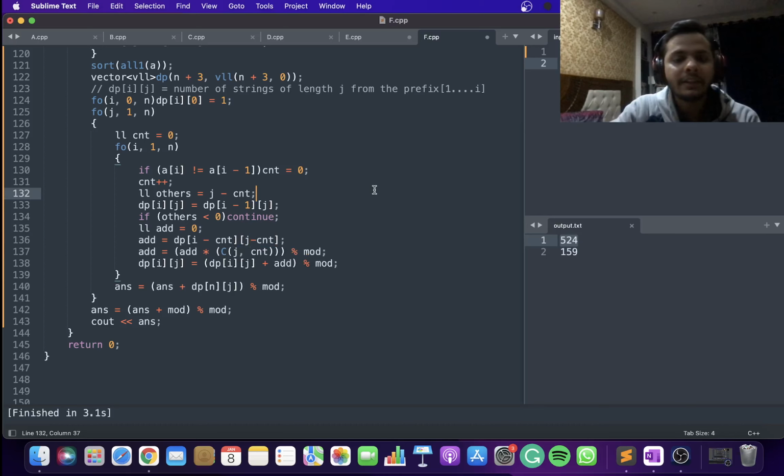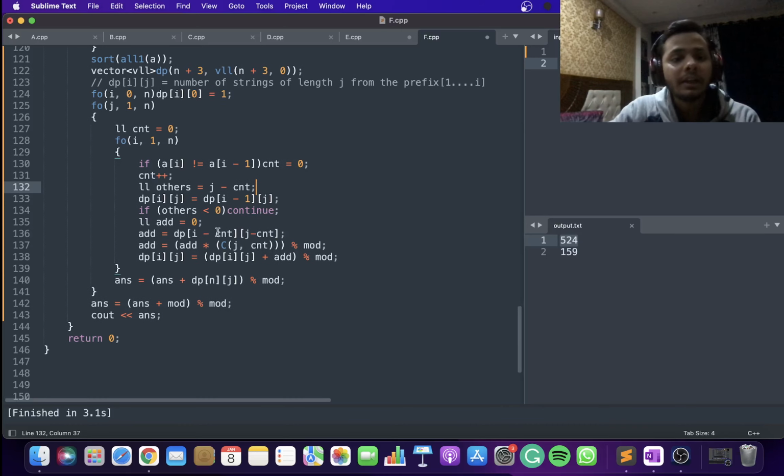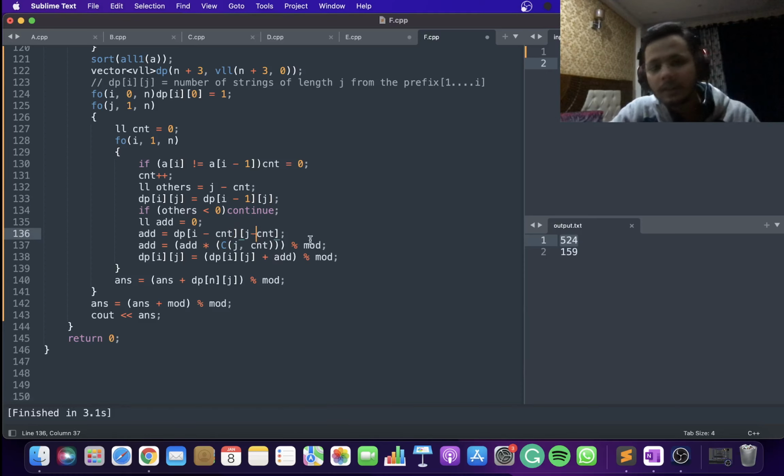That really doesn't affect anything. So yeah, dp of I will be dp of I minus 1, j plus add, where add is dp of I minus count, j minus count multiplied by c of j comma count. So dp ij becomes dp I minus 1, j plus dp of I minus count, j minus count multiplied by c of j comma count.